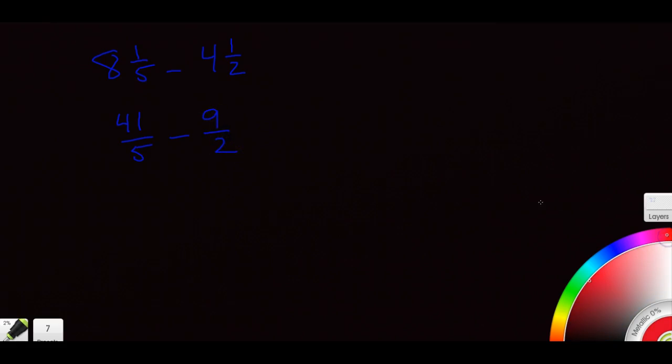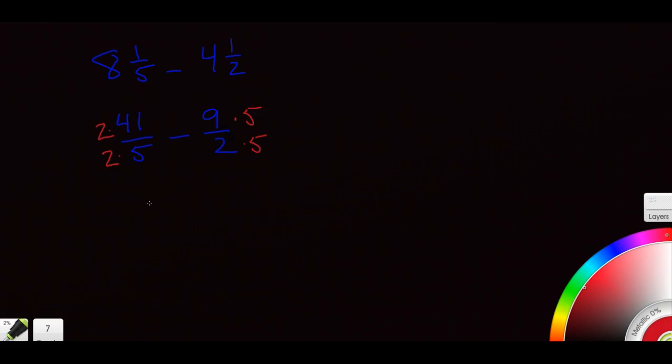So what would be a common denominator? A multiple they have in common is 10, so 5 times 2, and so I'd have to do the top times 2 as well. And 2 times 5, so I have to do the top times 5 as well.